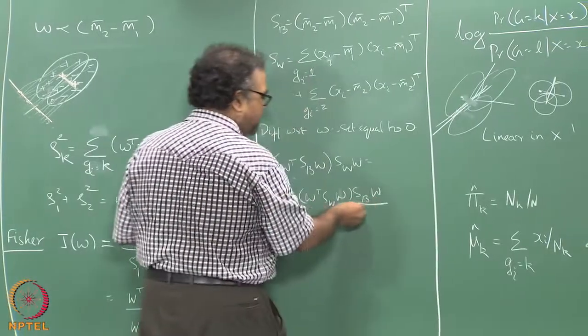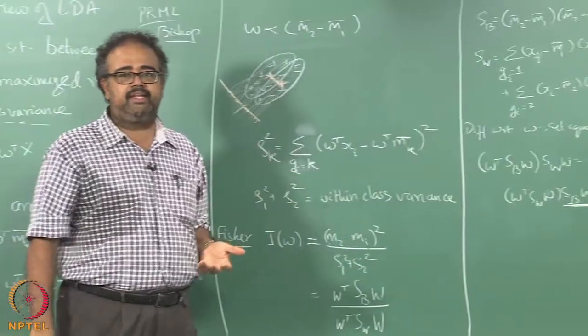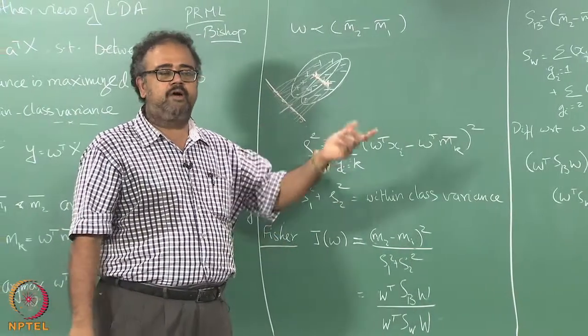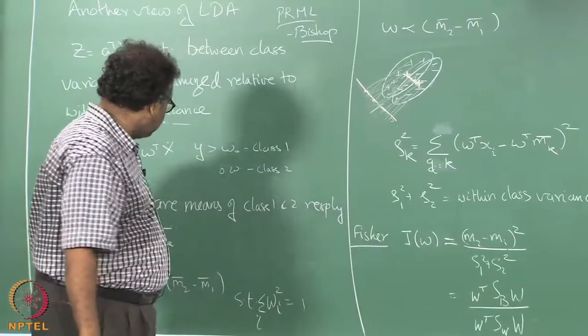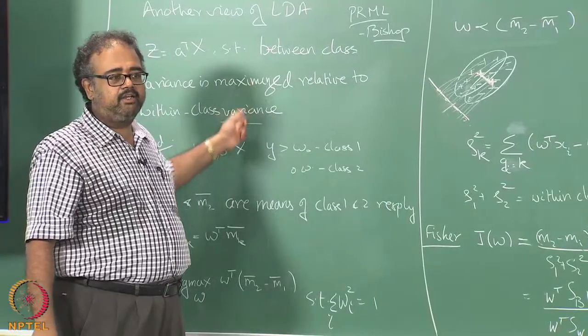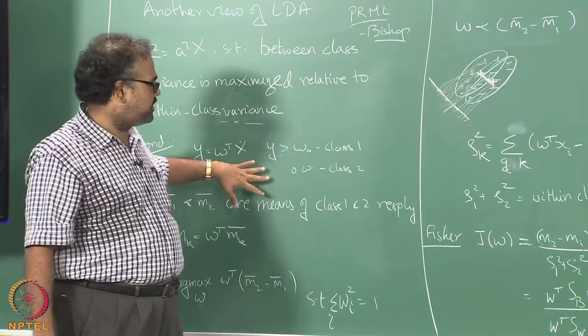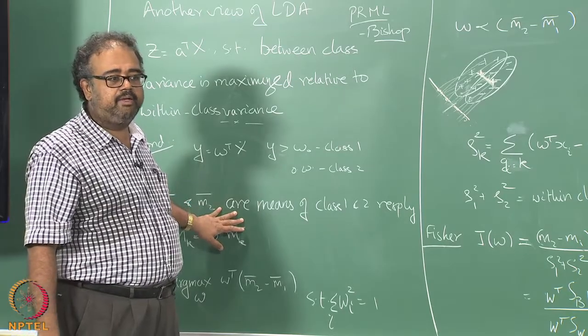Actually if you think about it, SBW will always be in the direction of M2 bar minus M1 bar, right. So you already saw that here when we had only the constraint on SB, right, only on the between class variance.